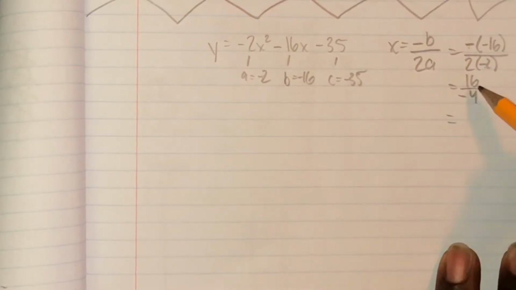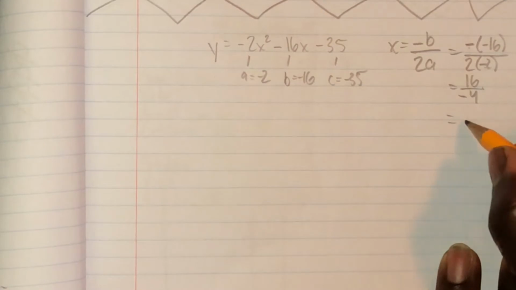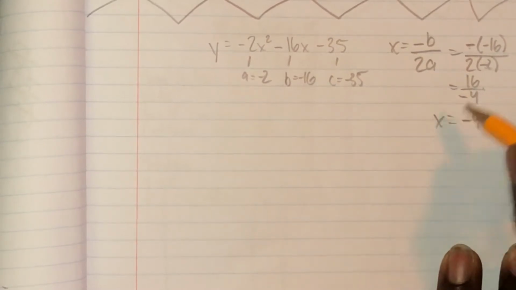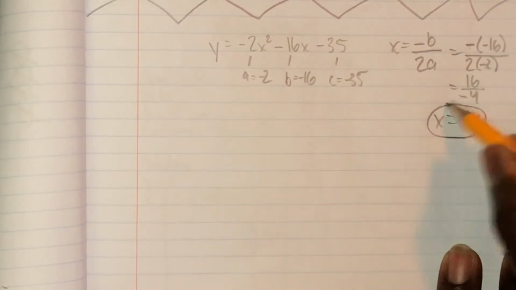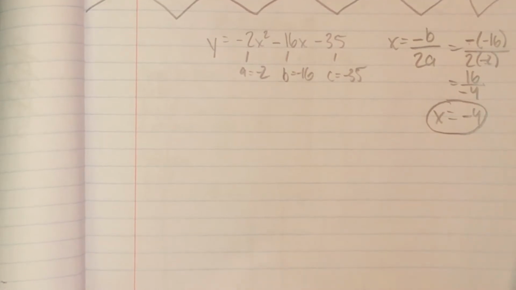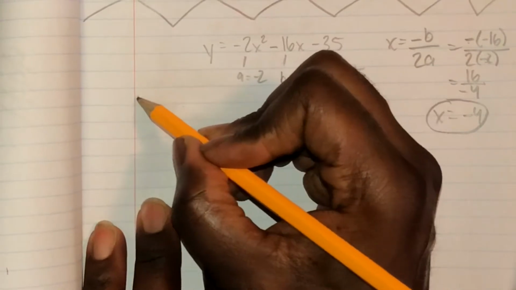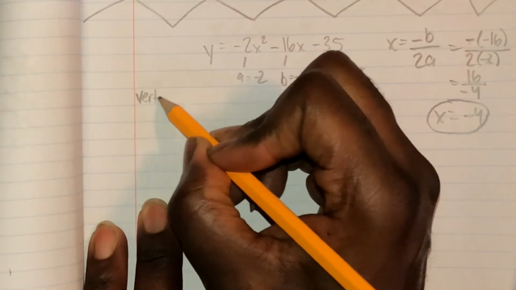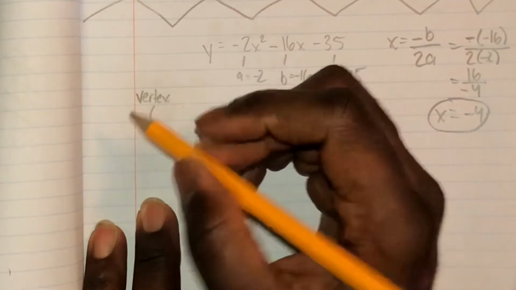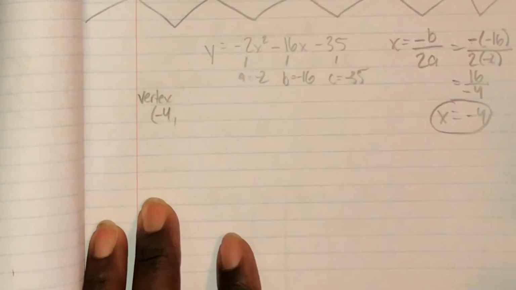Cool, and now I divide 16 divided by a negative 4 will leave me with negative 4. That is my x value of my vertex. Come over here, just keep the formatting the same. My vertex is at negative 4.